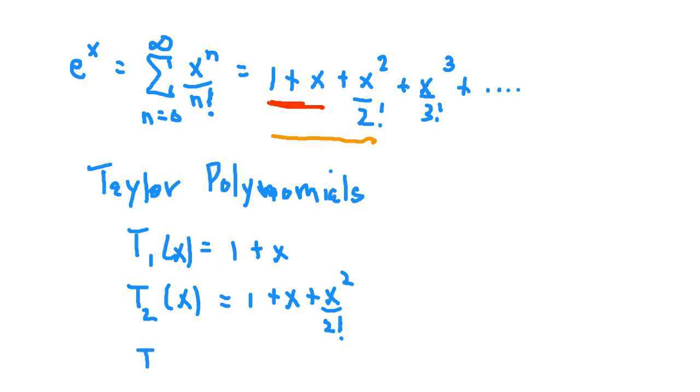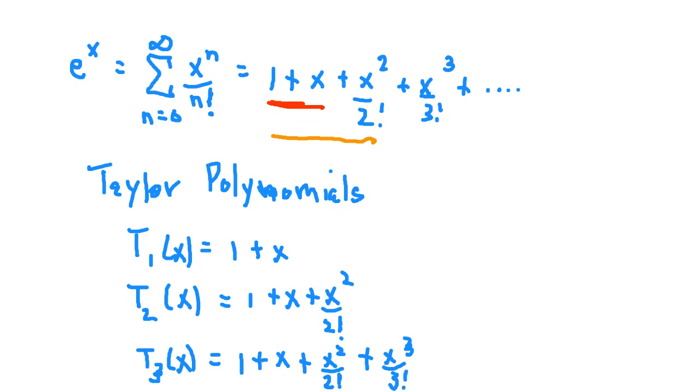And then the third degree Taylor polynomial, a polynomial with degree 3. This would be the third degree Taylor polynomial.